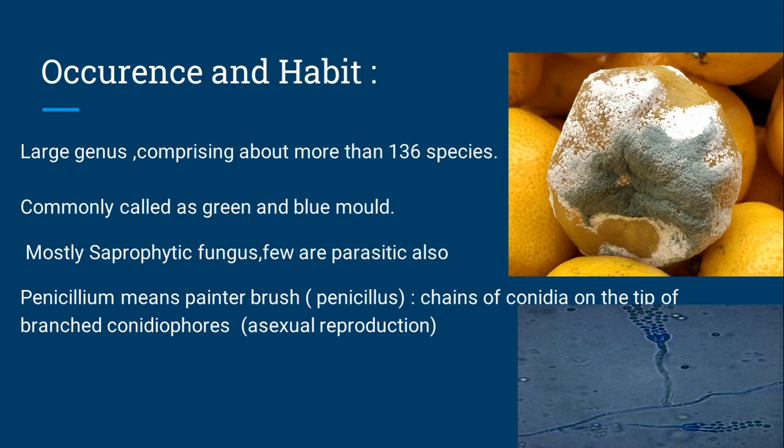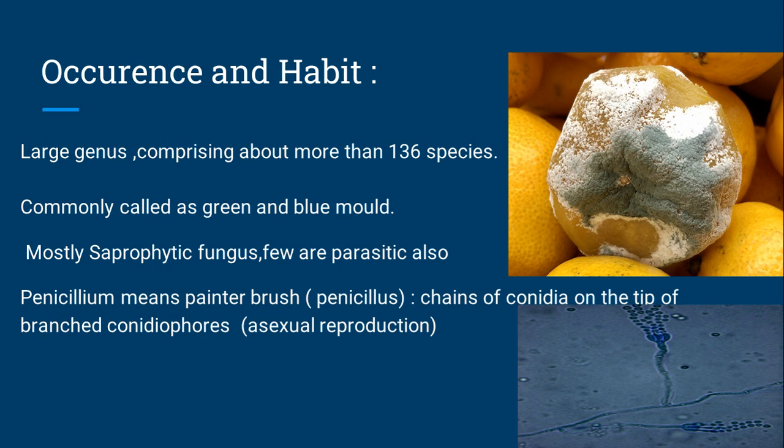It means the fungus depends upon rotten, dead, decaying fruits, vegetables or any plant and animal remains. But some species are parasitic also, means they cause diseases. Why is it called green and blue mold? Because it forms a bluish green colored mycelium on any substratum on which this fungus occurs.